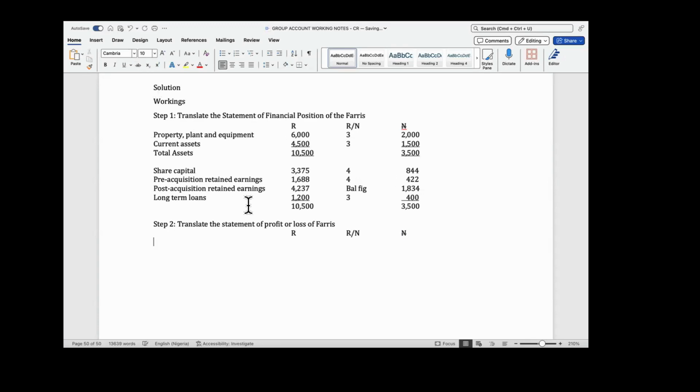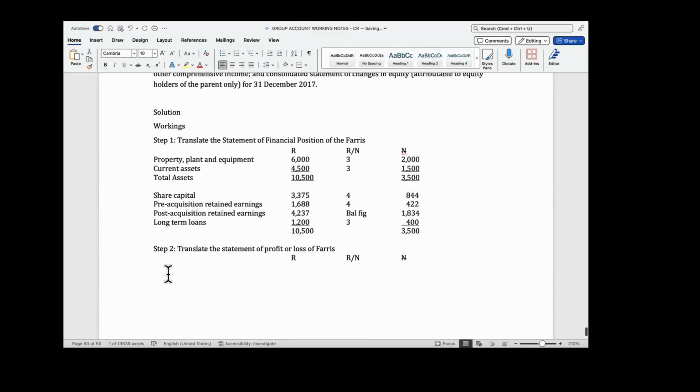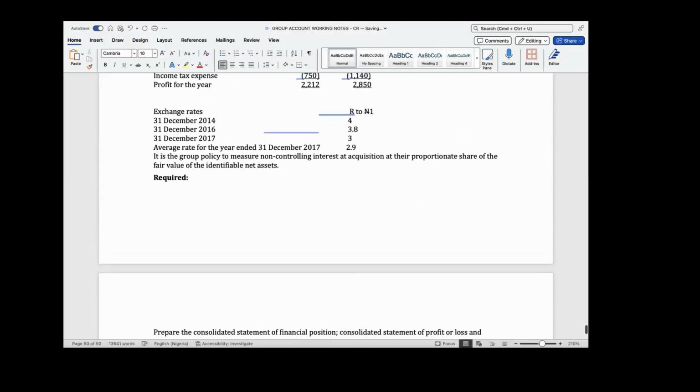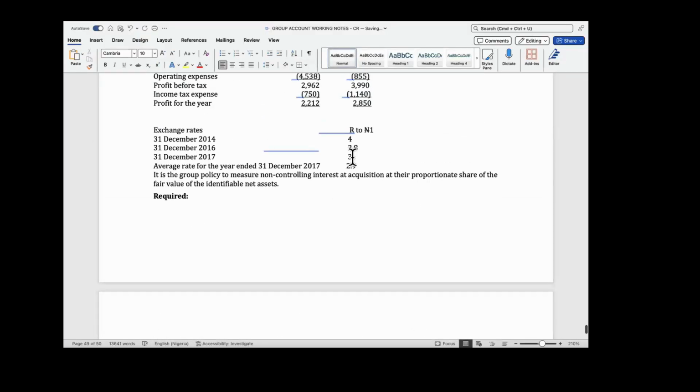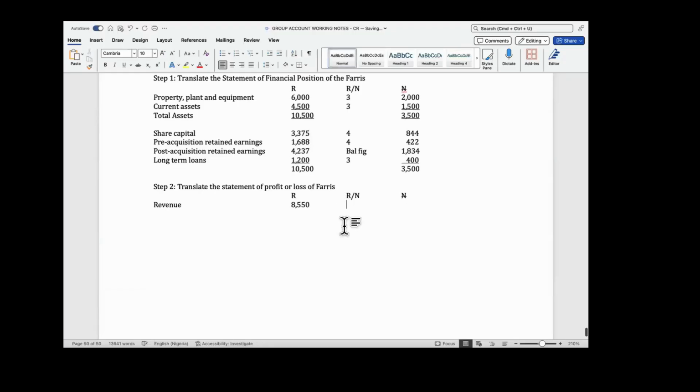In rand, what's the revenue? This is 8550. What's the average rate? 2.9. How much in Naira?